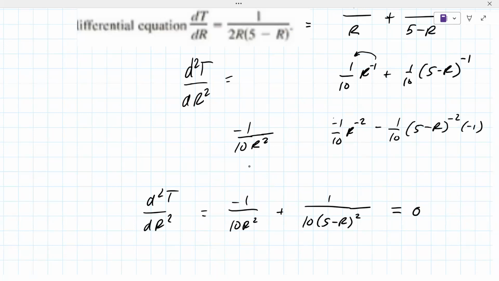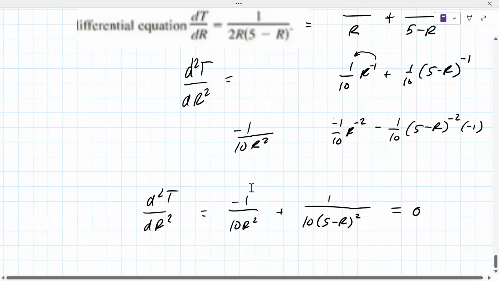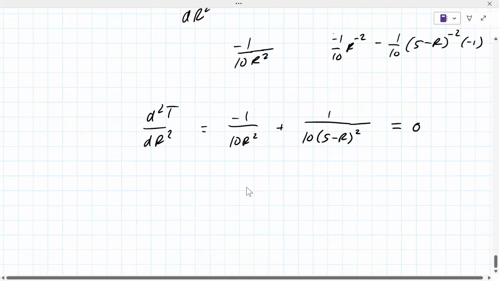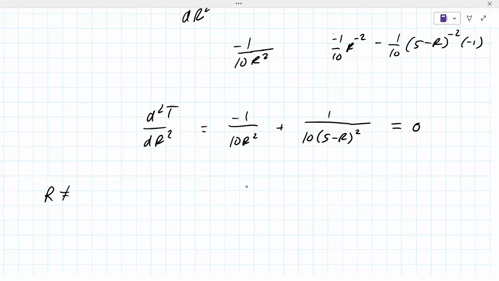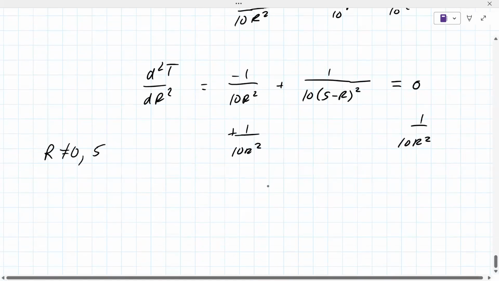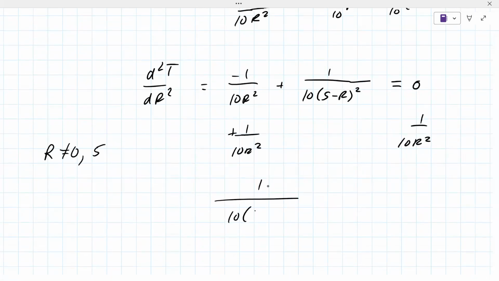Any idea, remember how to solve something like this? So first thing is that r cannot be 0, r cannot be 5, because you can't divide by 0. If you add this term to the other side of the equation, you end up getting 1/10 5 minus r squared equals 1/10 r squared.